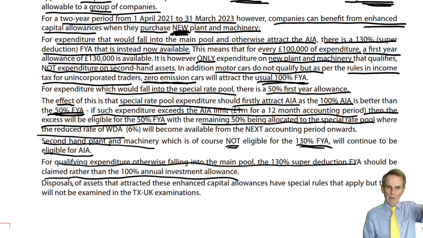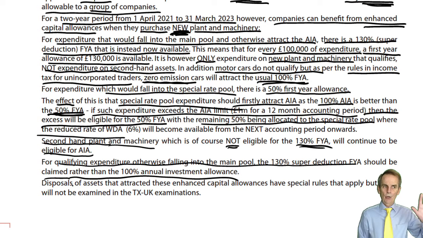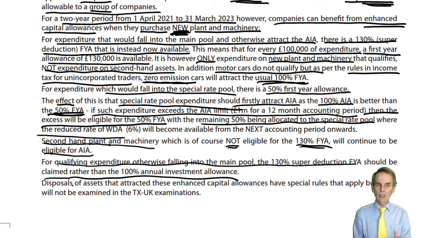So all the main pool expenditure that qualifies, we're not going to take AIA, we'll take the 130% super deduction. You don't get that on special rate pool expenditure, so in which case we take the AIA on it first. But if we go over the AIA limit for that accounting period, then we've got 50% FYA. But we won't get the 6% WDA until the next accounting periods onwards.